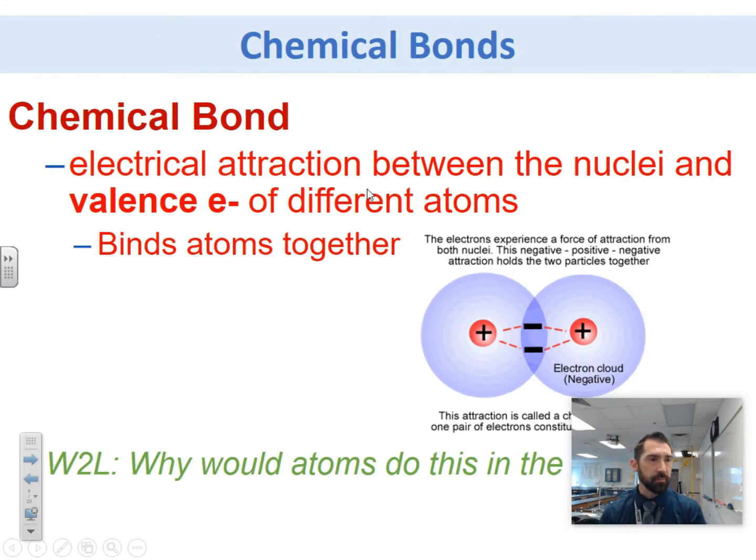So to quickly define, a chemical bond is the electrical attraction between the nuclei and the valence electrons of different atoms. So notice down here we have sharing of electrons. If you think back to the synchronous lesson, this is a covalent bond. This nucleus here is going to be hydrogen because I see 1 proton, and so atomic number 1 is hydrogen.